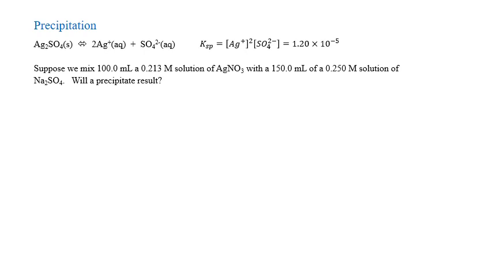We studied situations like this before when we were first studying equilibria. We defined a so-called reaction quotient, Q. So Q, the reaction quotient, looks just like the equilibrium constant expression, but you could put into it non-equilibrium concentrations and calculate it for the purpose of comparing it to K. So here, when we mix these two solutions, right after mixing, before anything happens, we'll calculate the concentrations of silver and sulfate.